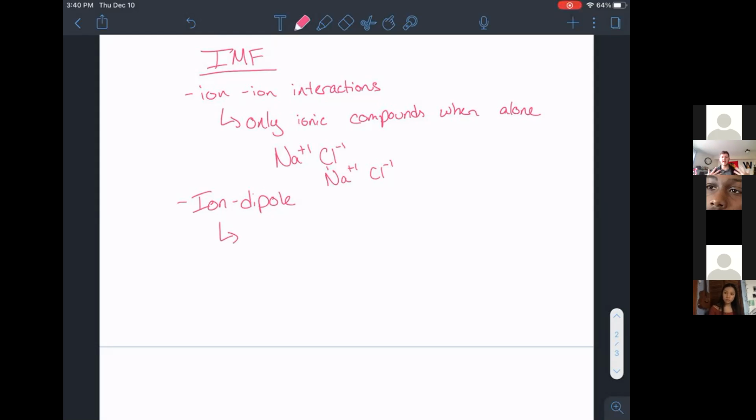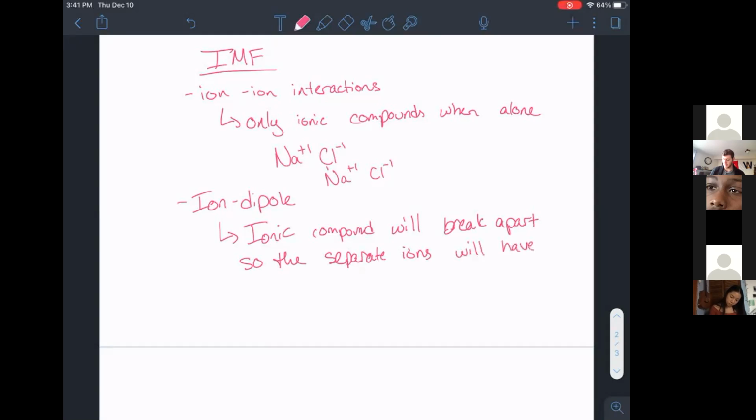So our solutions, that's when we get those ion dipoles, because the ionic compound will break apart so that the separate ions will have interactions between the dipoles.